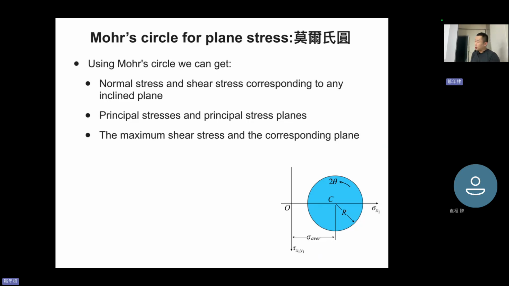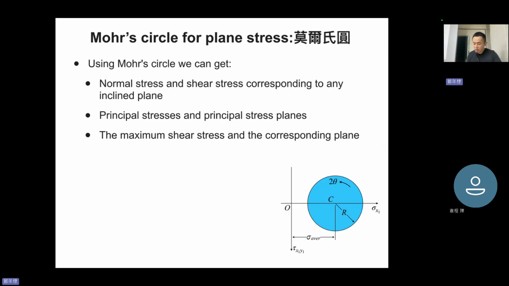More circle for plane stress. Here you see the plane stress. Because we are only talking about the XY component, this figure can only be drawn in two dimensions.